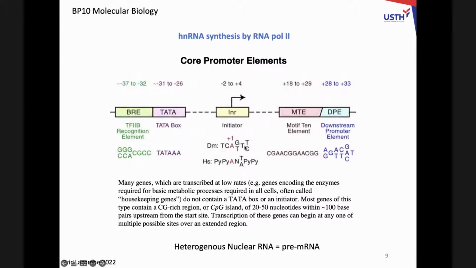If you look at human, the consensus sequence of the initiation start is not that clear. It's still an A for the first nucleotide, but then before that, at -1 and -2, it can be a pyrimidine, whichever pyrimidine it is, and so on.